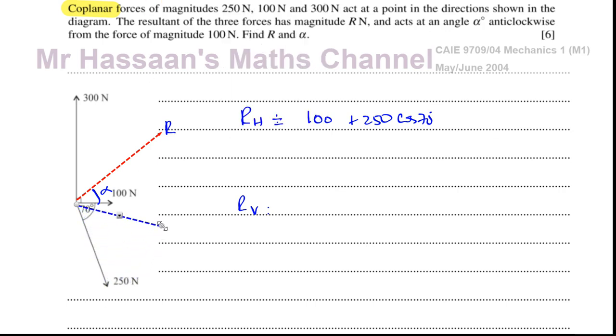I have to go through the angle given. So that is going to be 250 times cosine of 70.